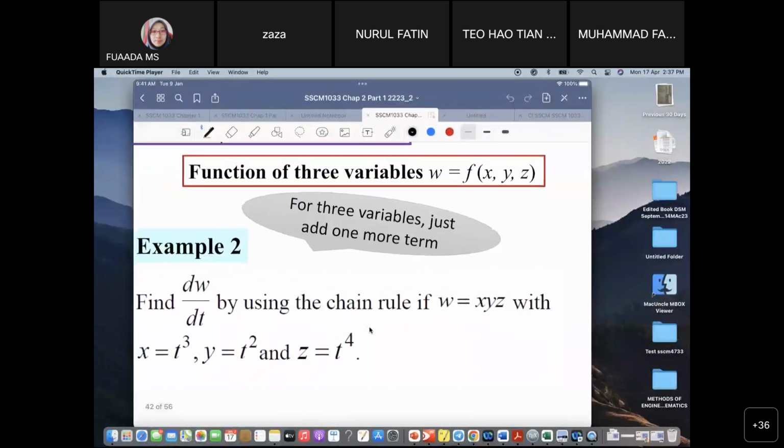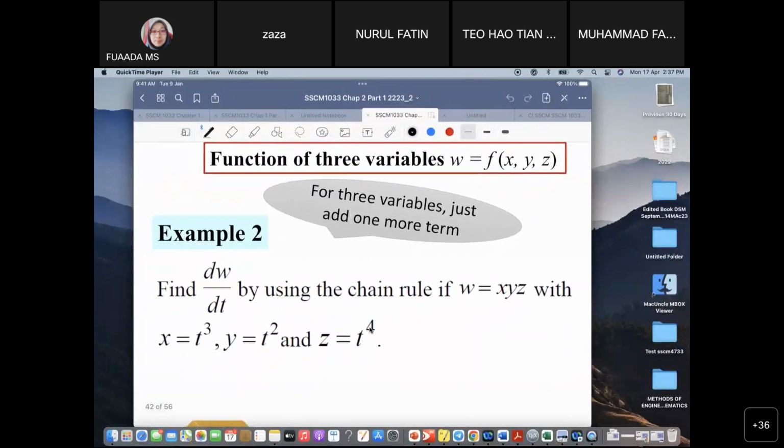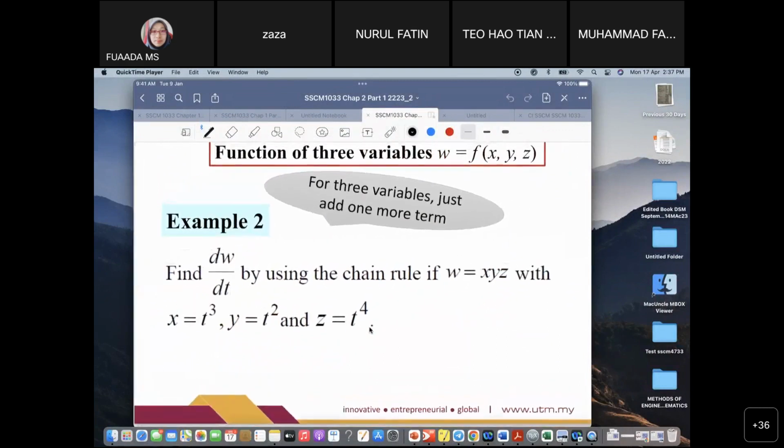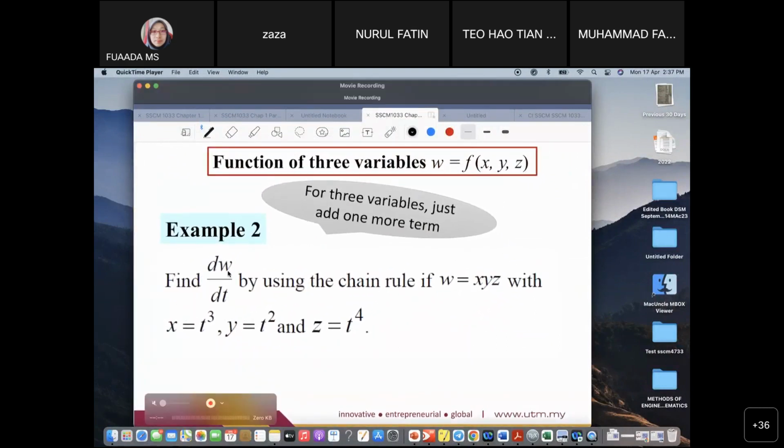So, what is the chain rule that you have? As given here, you have to find dw dt. Kenapa kita guna d bukan del? Sebab parameter dia semua satu, just t. So from w to t, we have just single parameter t. That's why kita guna d, not del.